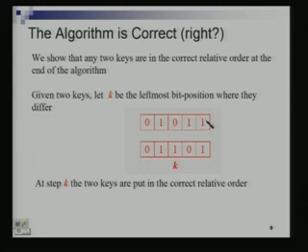At the first step they are maybe rearranged, I do not care, they are put in some order. At the second step also they are put in some order, I do not know. But at the kth step, this key would be put before this key, because this is a 0 and this is a 1.